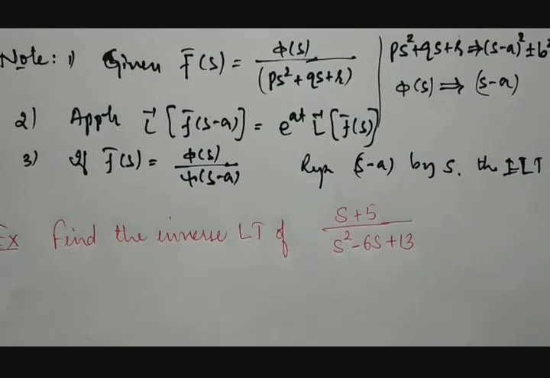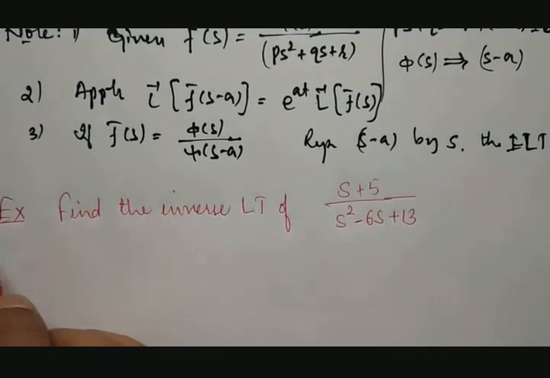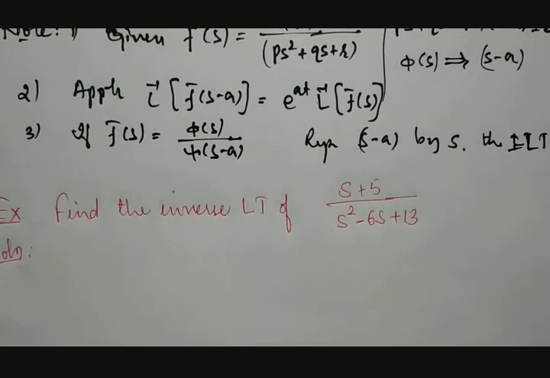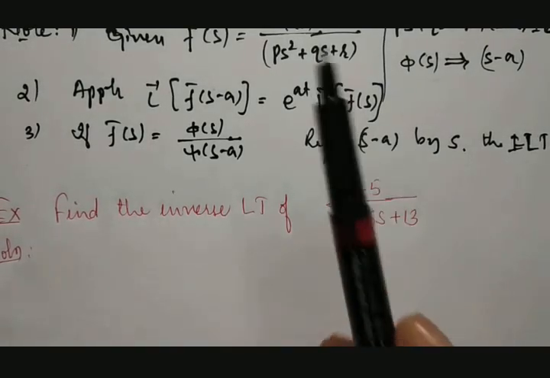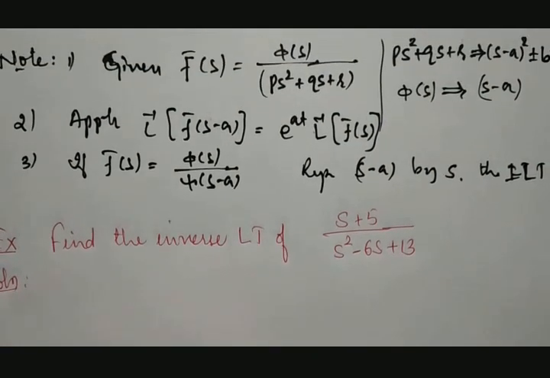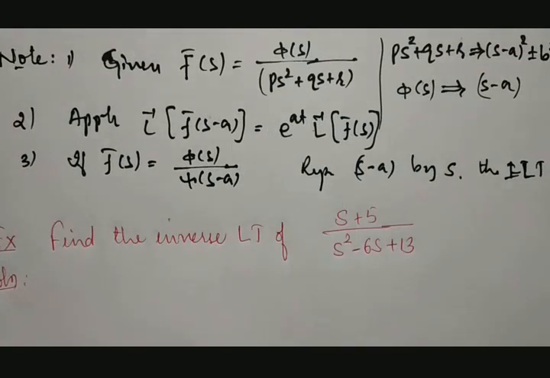Then what does the solution say? Please compare this result with the given result. The given result is something like phi of s divided by this quadratic expression.